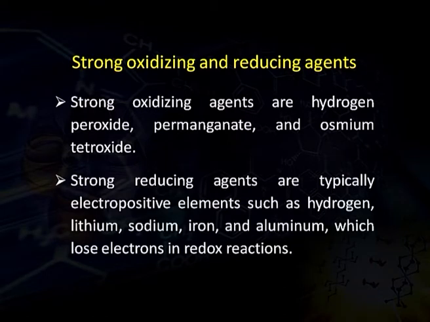Similarly, the strong reducing agents are typically electropositive elements like hydrogen, lithium, sodium, iron and aluminum, which lose electrons in the redox reaction. The hydrides like sodium hydride, sodium borohydride and lithium aluminum hydride are often used as reducing agents in organic and organometallic reactions.